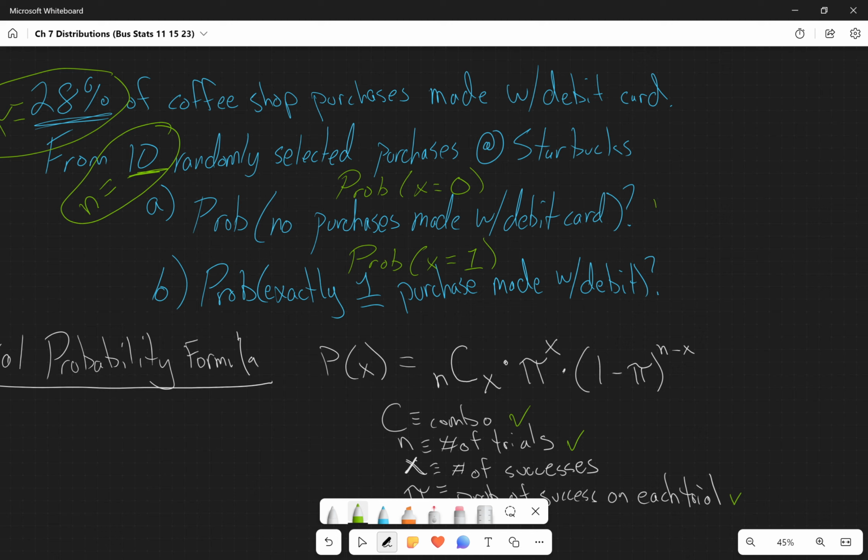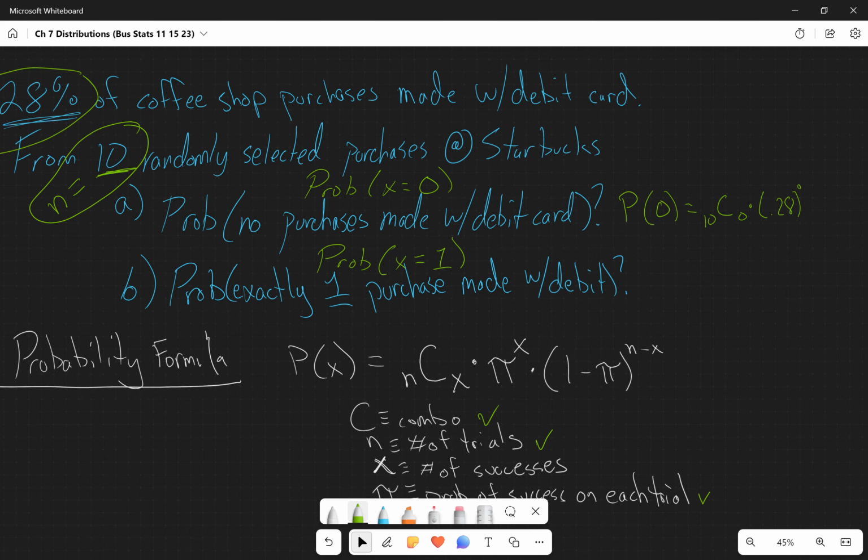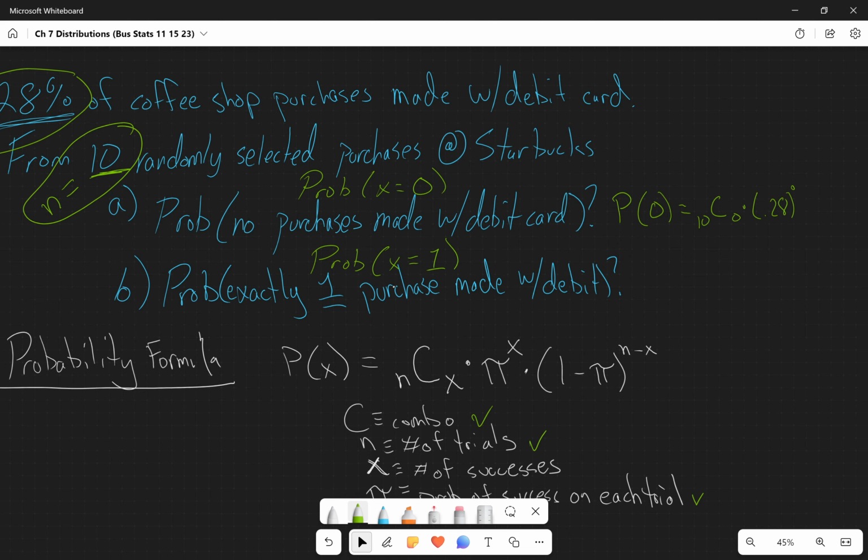So probability of 0 is equal to 10C0 times 0.28 to the 0 times 1 minus 0.28 to the 10 minus 0.